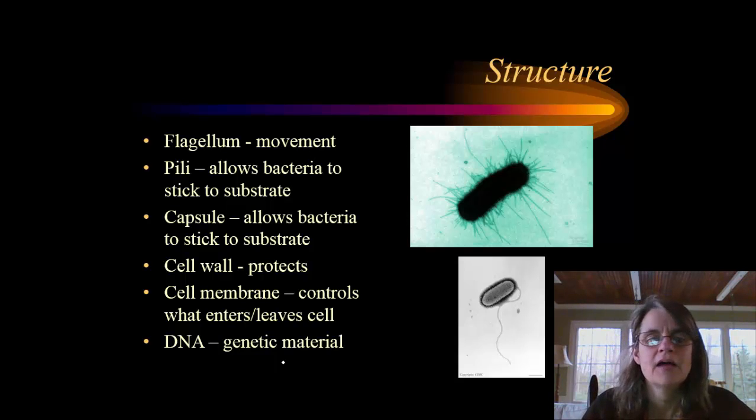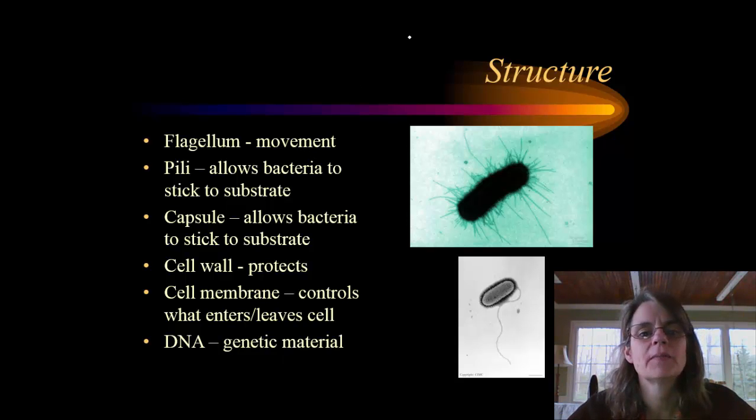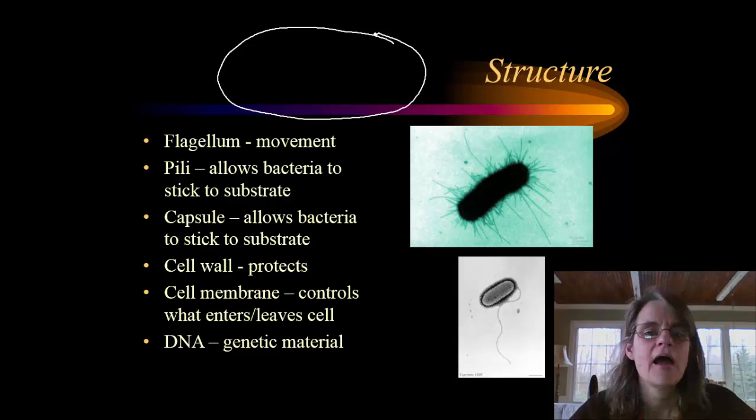All right, structure. How are bacteria built? What you need to do on your paper or on some paper somewhere is make a drawing. I'm going to make my drawing up here. Okay. And that portion of the bacteria that I just drew is the cell membrane, which of course controls what enters and leaves the cell. It's made of phospholipids and all that.